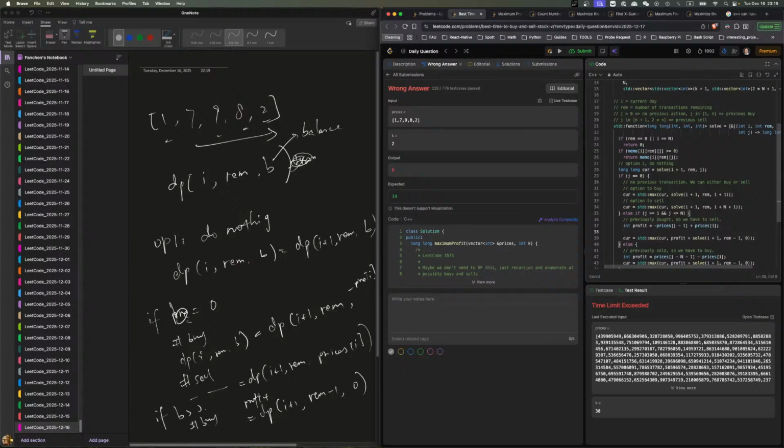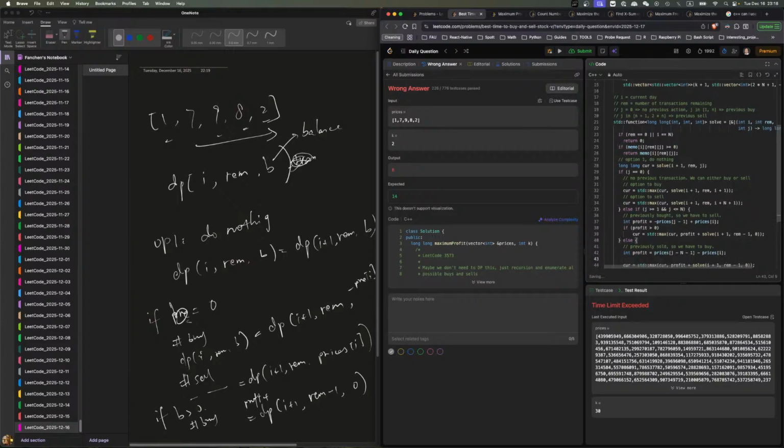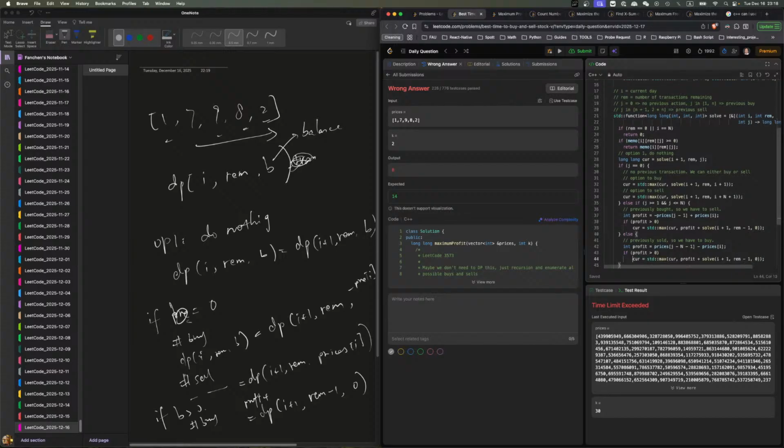So maybe we do need to say if profit is larger than 0, then we do this.